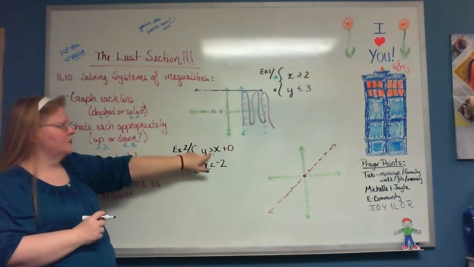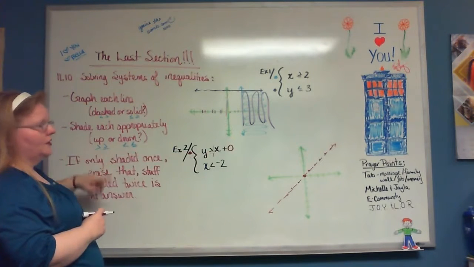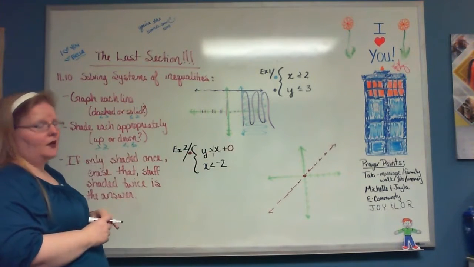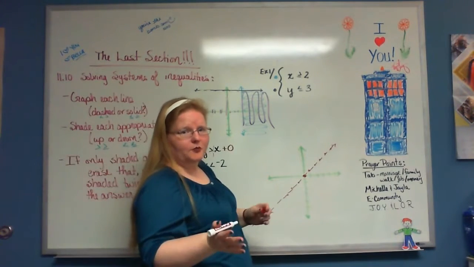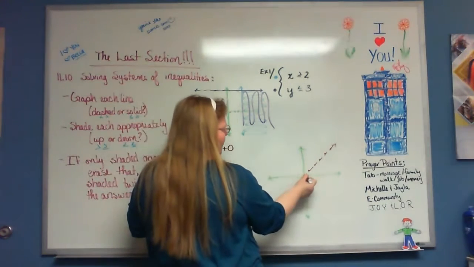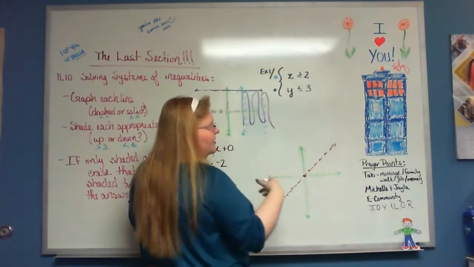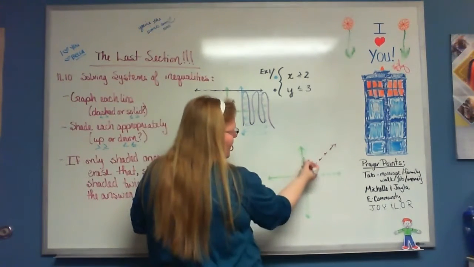That says greater than, so that says up. So I need to go up from the line. When you talk about up from the line, sometimes that gets difficult for people to understand. But if you always start at your y-intercept, you can tell immediately that up must be up on this y-axis.